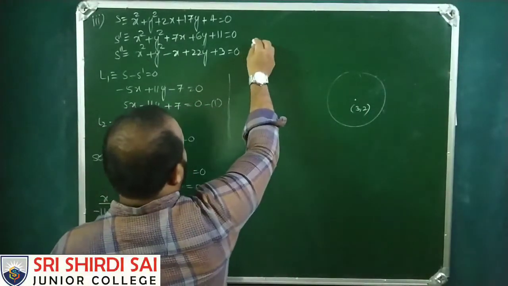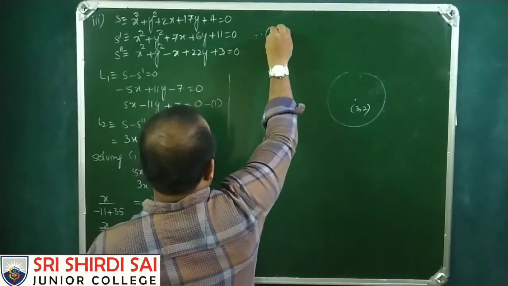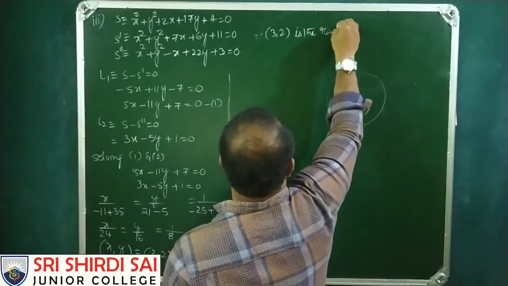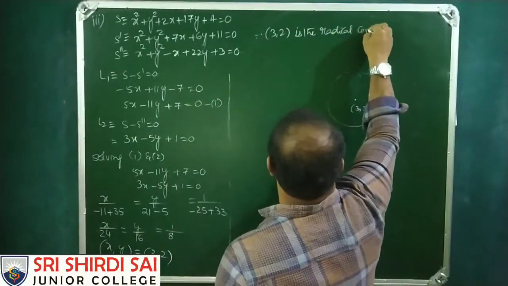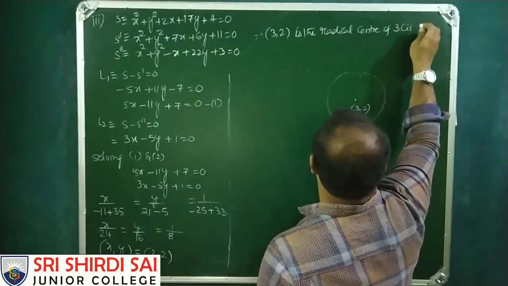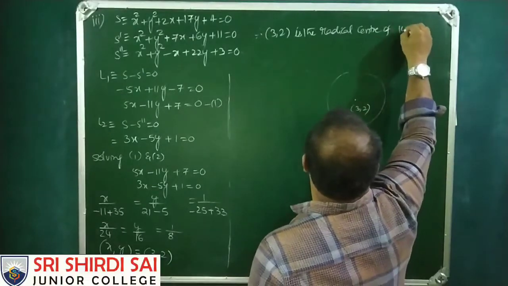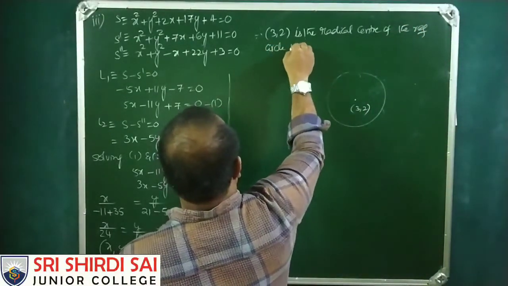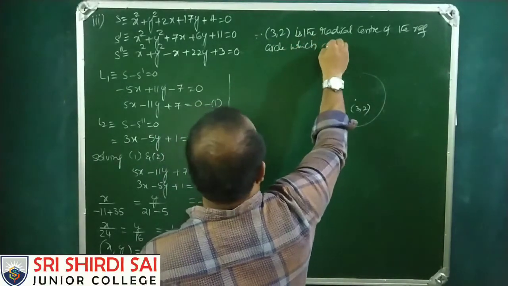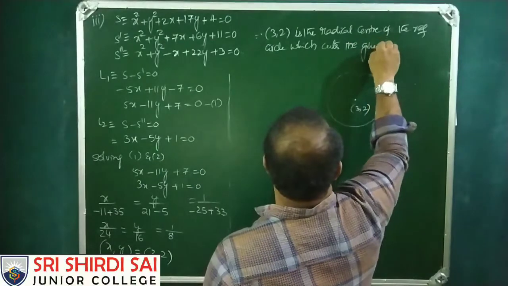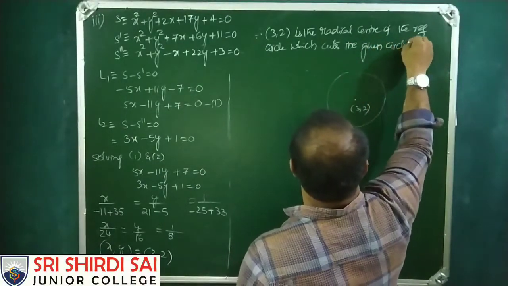Now therefore (3, 2) is the radical center of the three circles, the center of the required circle which cuts the given circles orthogonally.